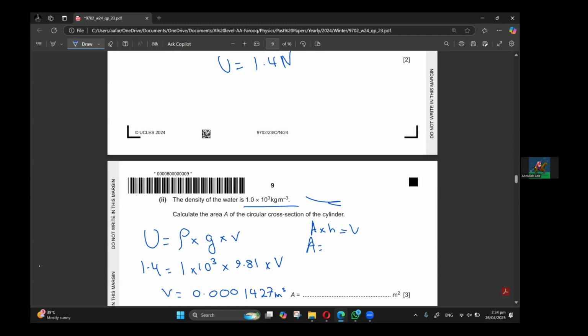So area is 0.000142 divided by 0.1. So area is equal to 1.4 into 10 power negative 3 meters square. Simplify.